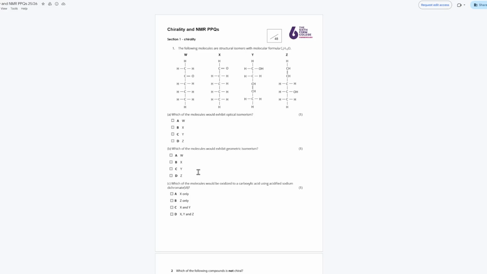So that's actually X and Z. Okay, well, it can't be X and Z. So it's X and Y? Yes, X and Y, I think, would do, because then you have a primary alcohol and you have an aldehyde. They can both be oxidized, and then the ketone can't be. That makes sense. Okay, yeah. So I'm going to go with C again.